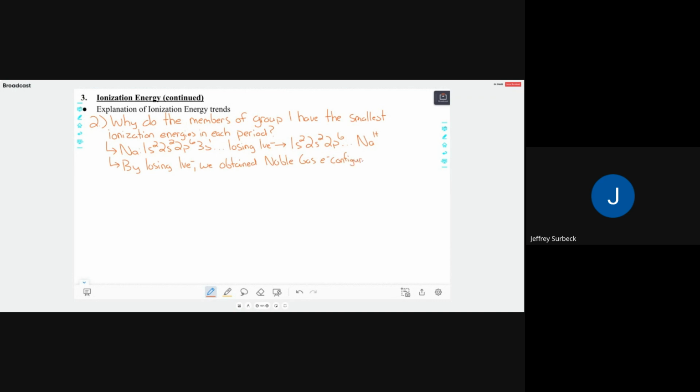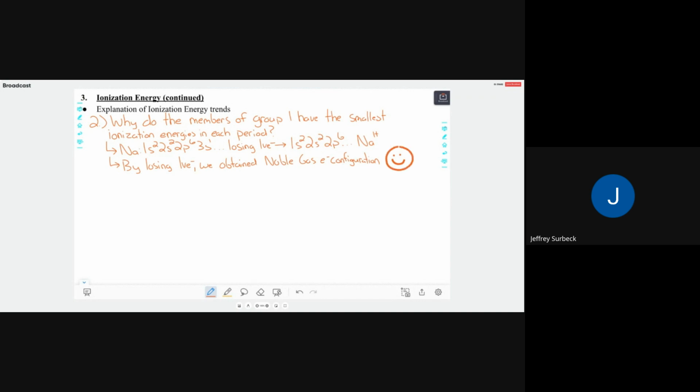Well, that has made the ion atomically stable, and it's satisfied that need. It's satisfied the desire to be structurally sound.